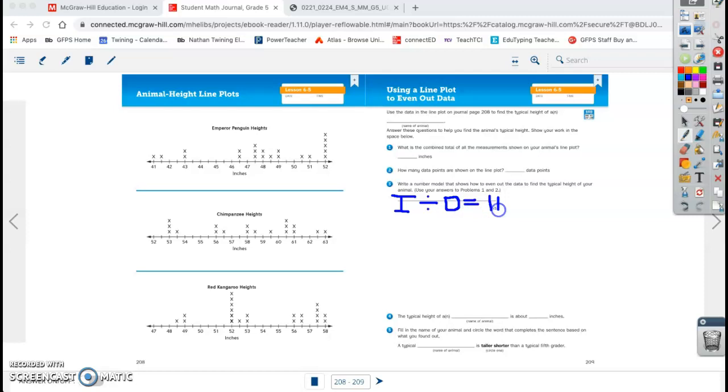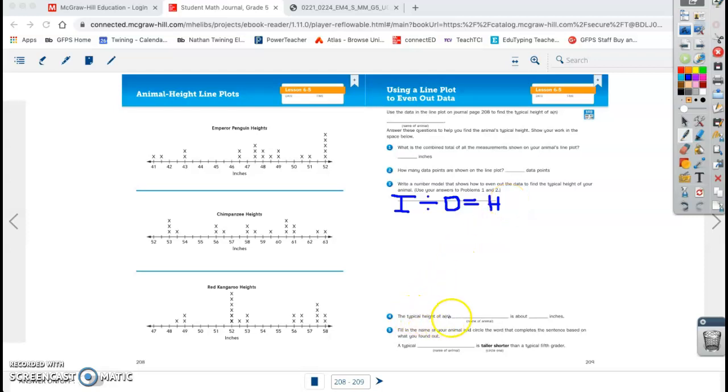Now obviously the numbers are going to look different whether you use emperor penguins, chimpanzees, or red kangaroos. So you have to add the total of all of them. You have to find out how many there are, and you take the total number of inches that all of them are combined, and you divide it by the number of data points you have, and that'll equal your typical height.